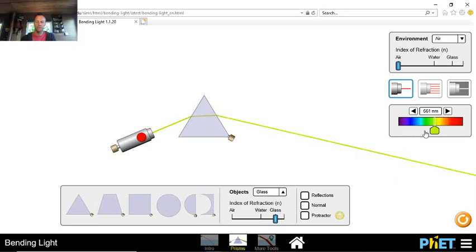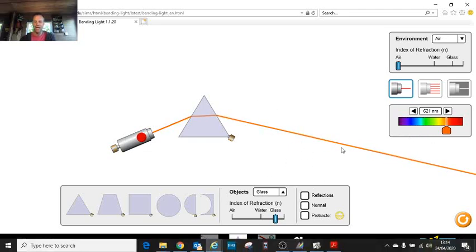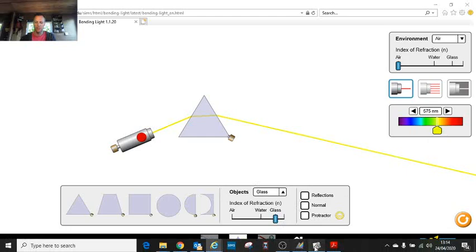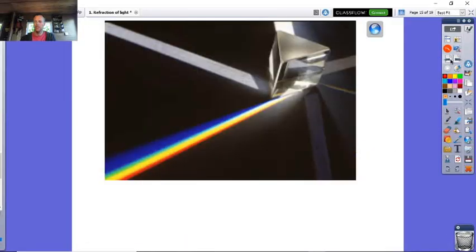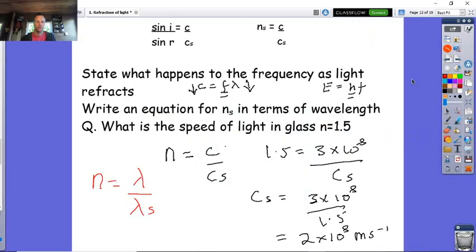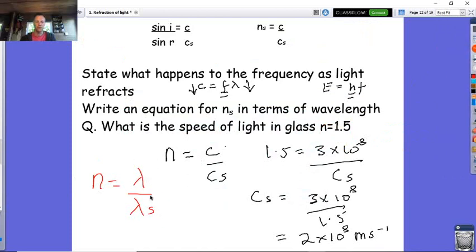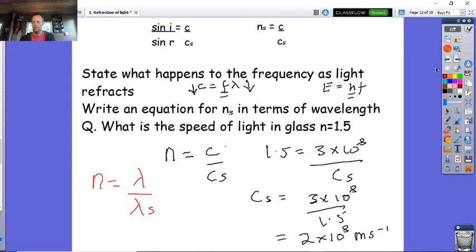That comes back from the equation I showed before, that the refractive index is n equals lambda over lambda s. Therefore, different wavelengths get slowed by a different amount. In other words, we can go all the way back and find that equation there, that is dependent on the wavelength as well. And obviously red has a different wavelength, a longer wavelength, than violet light.